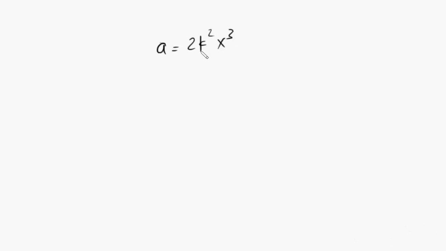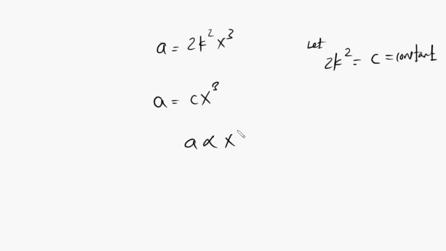So a square of a constant is constant, mbili na yenyewe ni constant. So here 2k squared is equal to c, which is constant, okay? So my a now is equal to cx cubed. C is constant. So a is directly proportional to the cube of displacement.